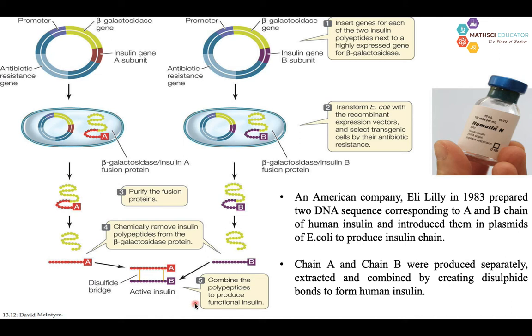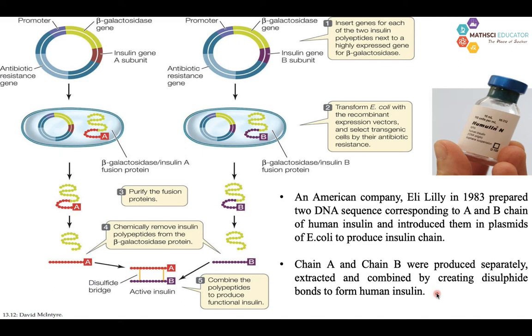Okay, chain A and chain B were produced separately over here, extracted and combined by creating a disulfide bond to form human insulin. इससे क्या होगा कि इंसुलिन as it is जैसा हमारा ह्यूमन इंसुलिन है उसके जैसा ही रहेगा. No allergic reaction is there, no other side effect is there, and we produce it in bulk.